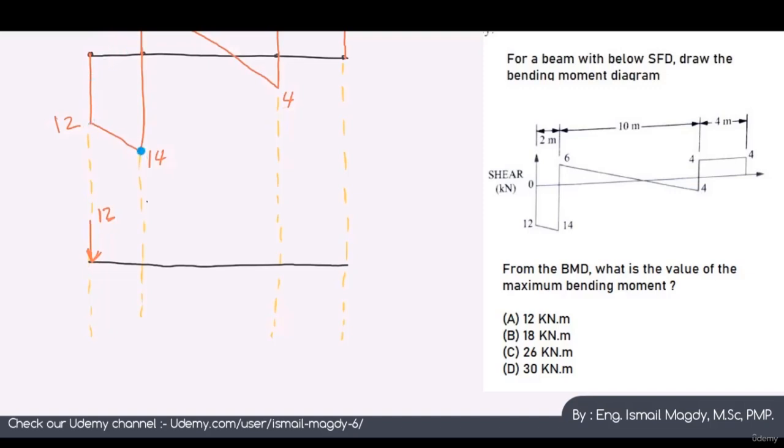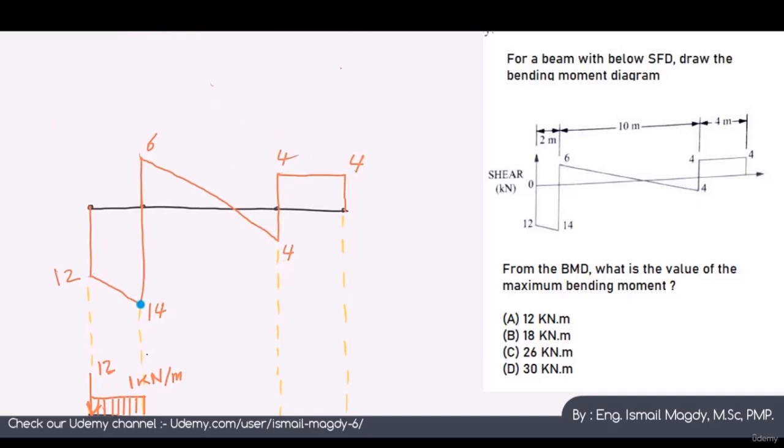So it increased 2 kilonewton in 2 meters. So the rate of increase is 1 kilonewton per meter.